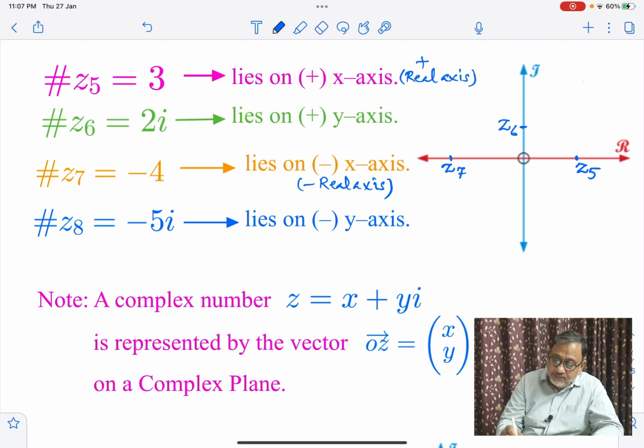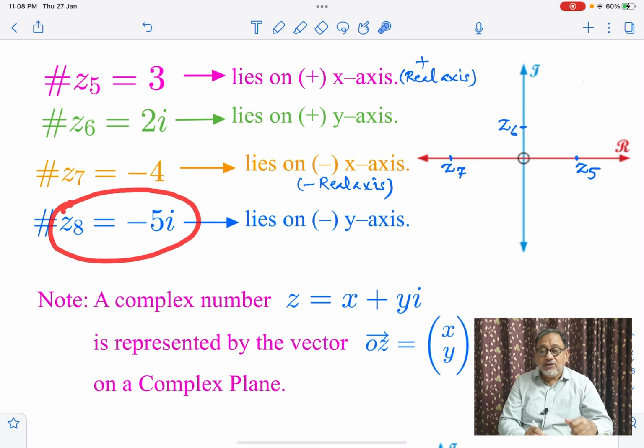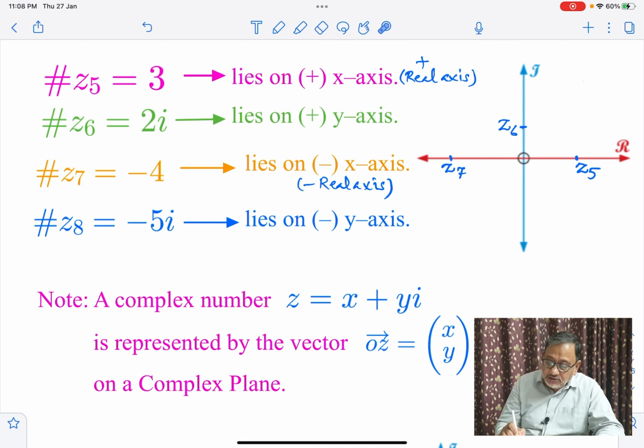And then Z8, Z8 is negative 5i. So it is purely imaginary, but it is the negative of the imaginary complex number. So it will be on the negative y-axis or negative imaginary axis, okay. Here also I can write positive imaginary axis.